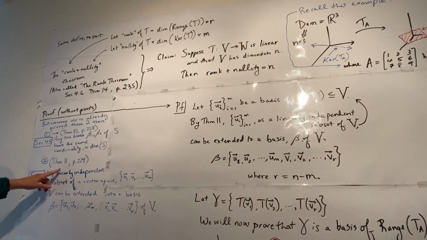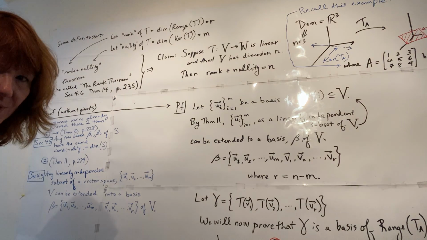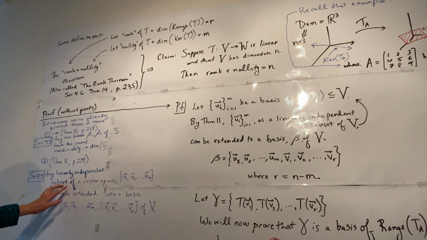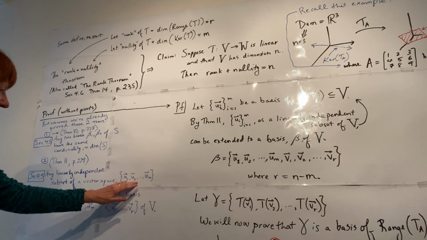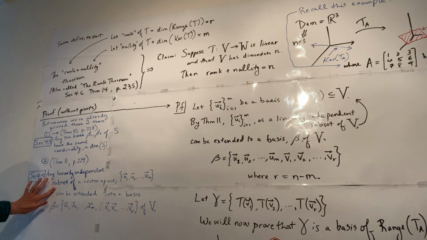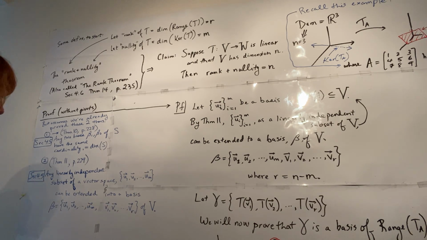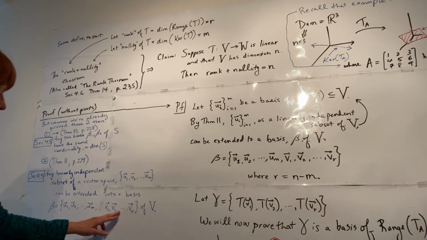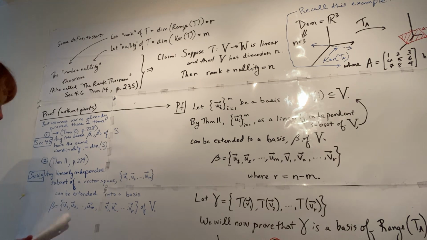Also, Theorem 11 on page 229. And this is pretty crafty or sneaky, depending on your point of view. Anytime you have a linearly independent subset of a vector space, let's say the vectors are called u1 through um, that subset can be extended into a basis of V. It starts with u1 through um, and you extend it with some more vectors until you get enough.